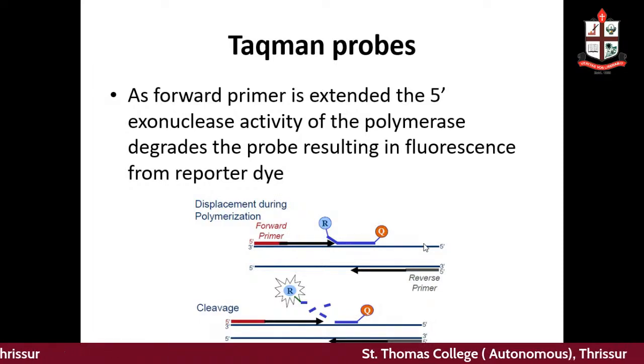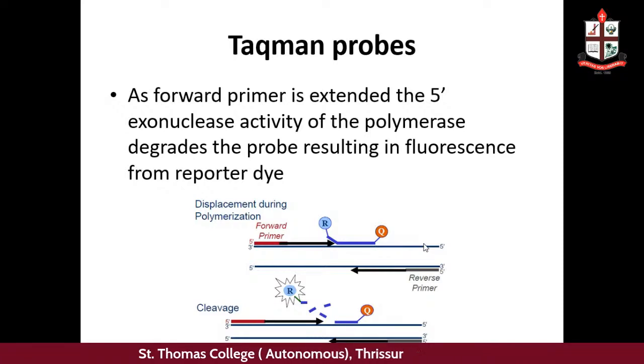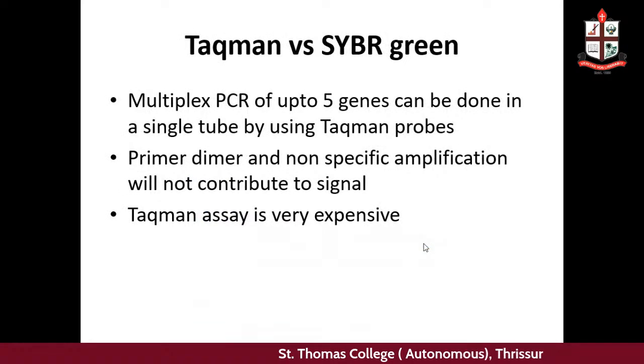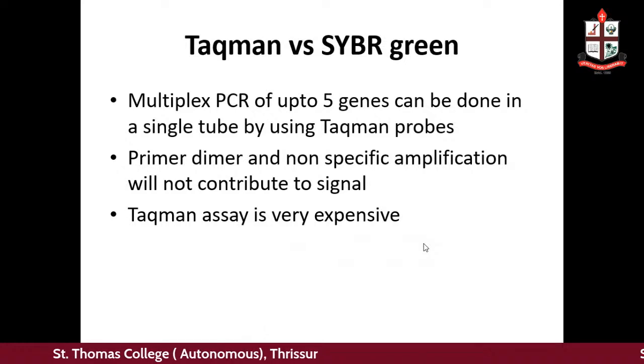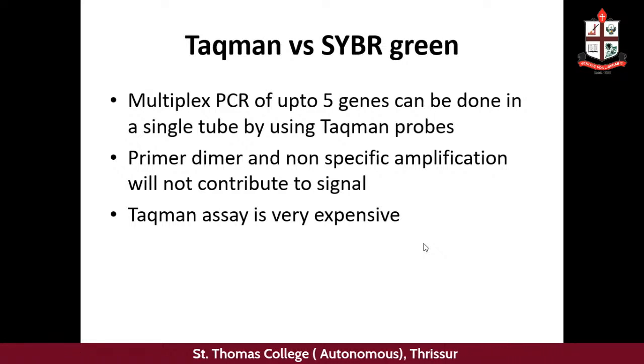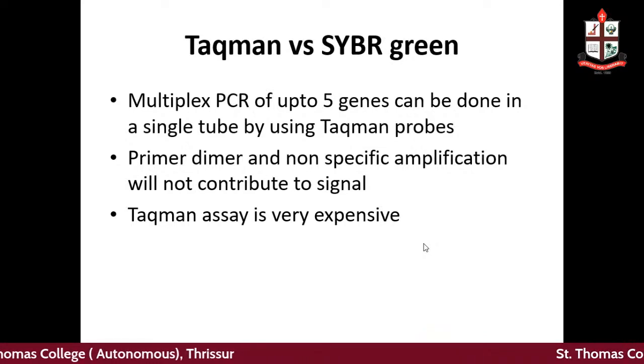So TaqMan chemistry is more specific, but it is very expensive compared to SYBR chemistry. Mostly in research labs, when a lot of genes are being studied, people go for SYBR chemistry. Once they identify some crucial genes, then for those genes, TaqMan probes are designed.